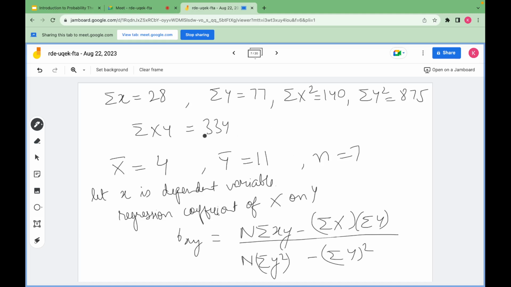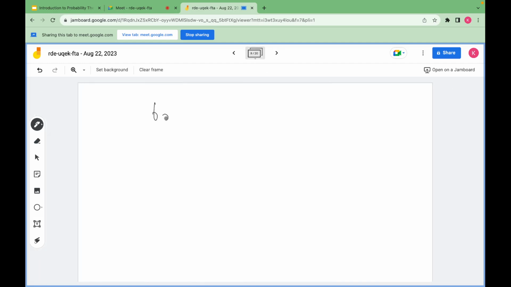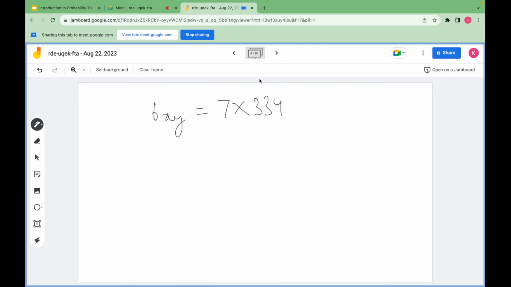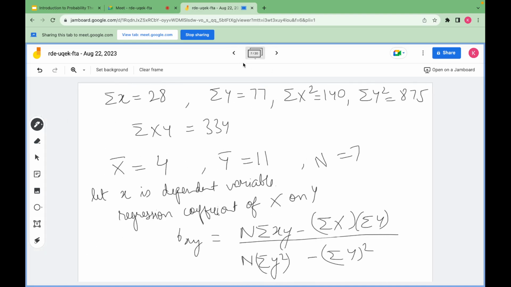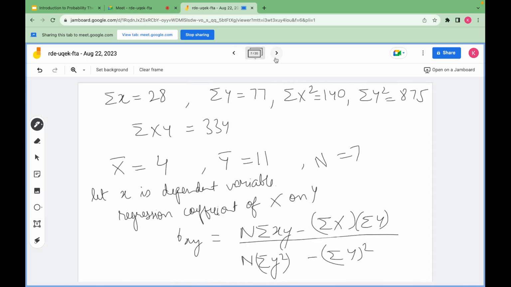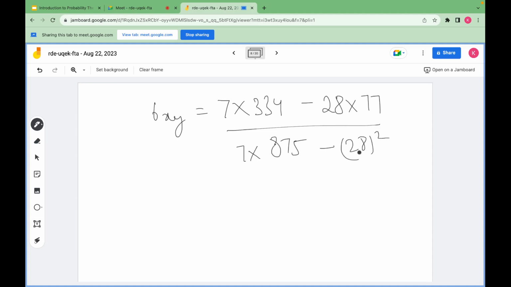We know sigma xy is 334, sigma x is 28, sigma y is 77, and n is 7. We put these values: 334 minus 28 into 77, divided by the denominator. This value comes out to be 0.929.